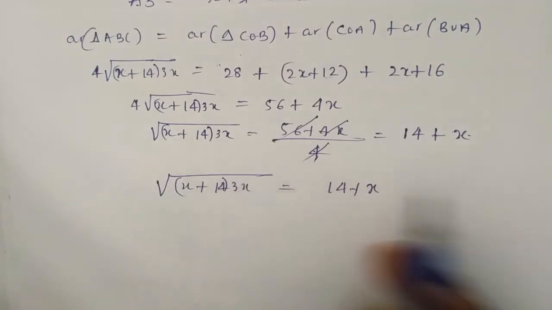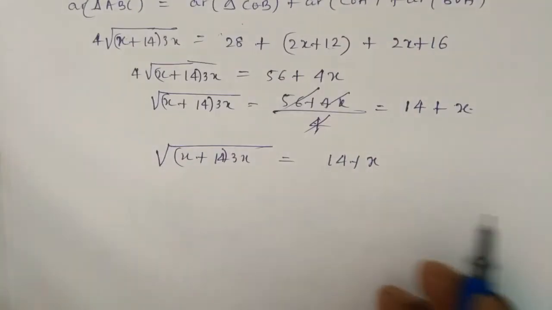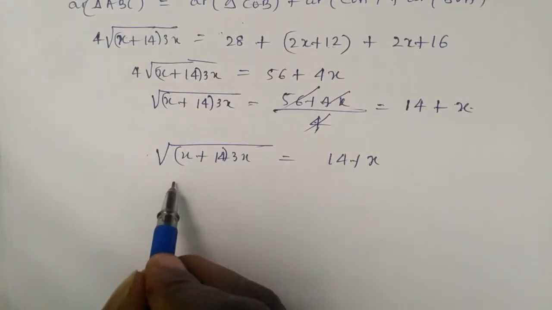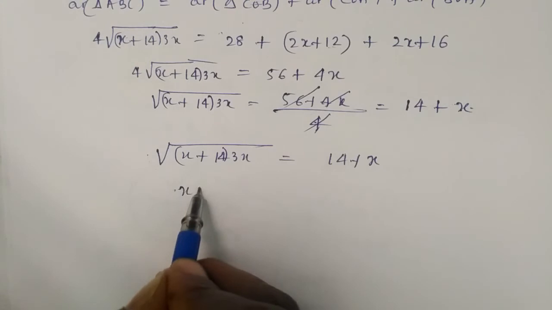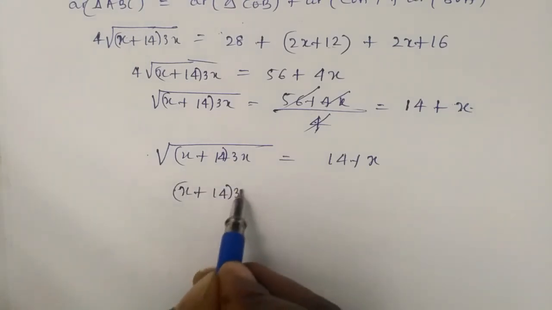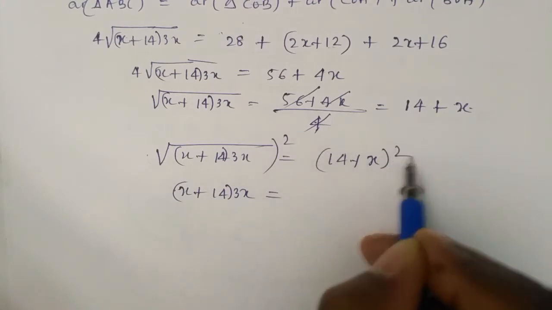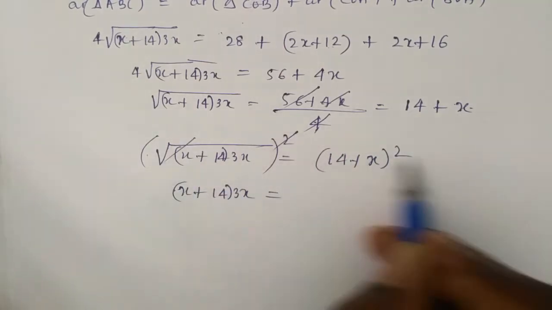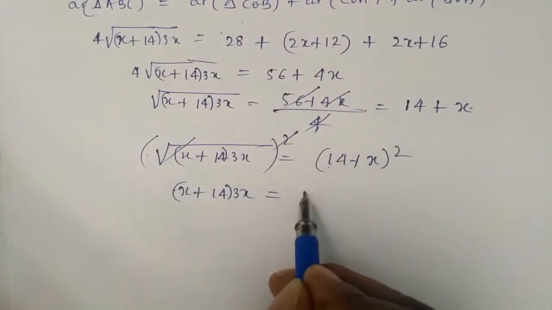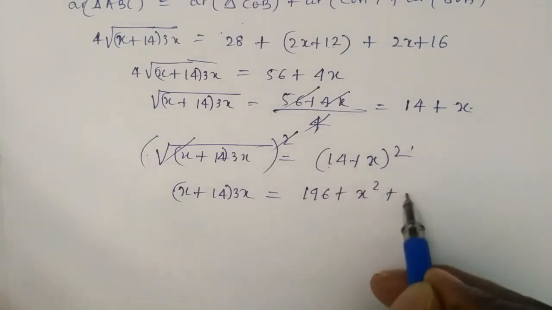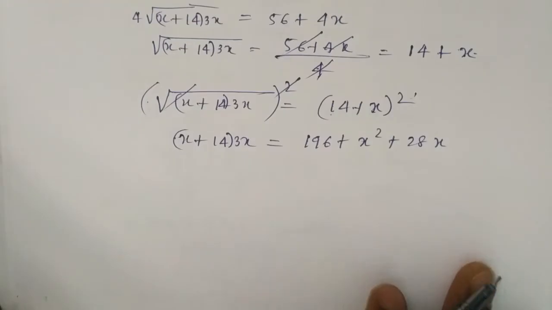To get the x value we need to square on both sides, because this is the square root, and squaring on both sides cancels it. We get x plus 14 into 3x on this side, and this side is squared. Here, a plus b whole square: a square is 14 square, 196, plus x square, plus 2ab, that is 28x.